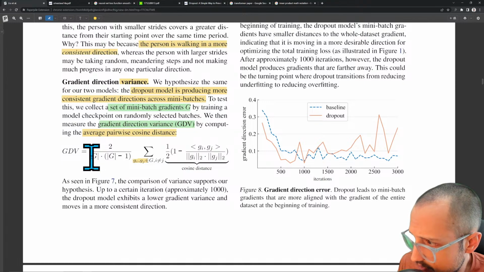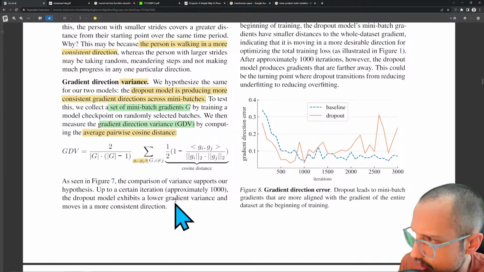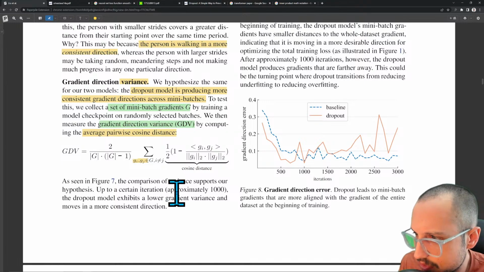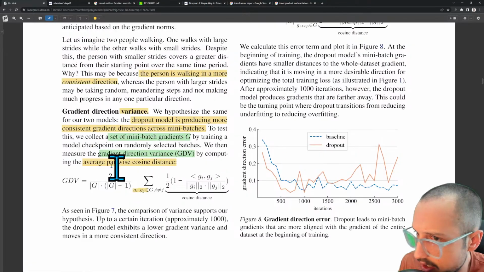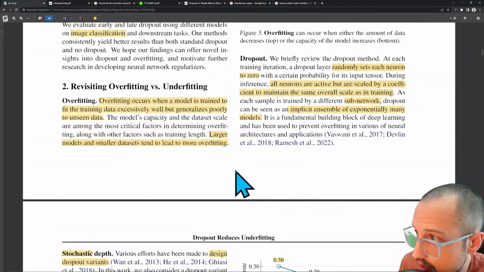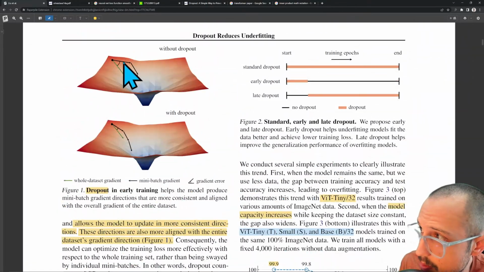And here you have the magnitude of G, magnitude of G minus 1, 2 over that. And this is going to give you the gradient direction variance, which is basically a measure of how different the gradient directions are. So you can imagine that the GDV is going to be much higher for this than it is going to be for this.